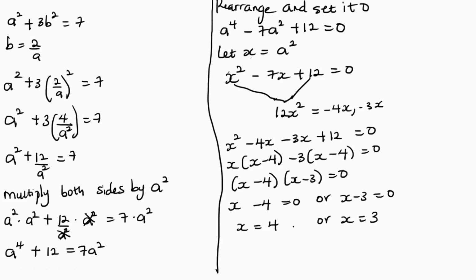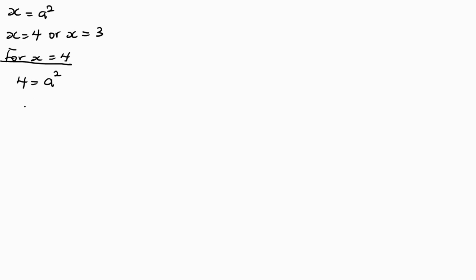Alright, so we have been able to get the values for x. But we want to recall that x is equal to a squared from this point. So we have that x is equal to 4, or x is equal to 3. For x equals 4, we have that 4 is equal to a squared, right?